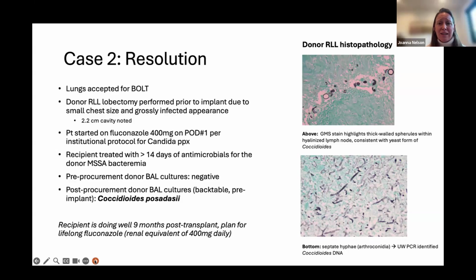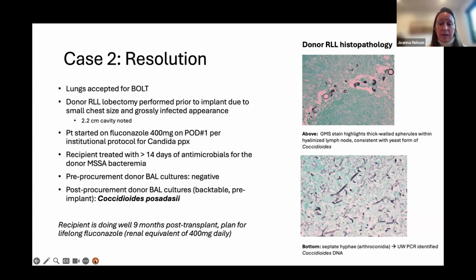And you can see on the right the donor histopathology. The upper picture is the GMS stain from the lymph node biopsy, which shows classic thick-walled spherules consistent with yeast forms of Coccidioides.